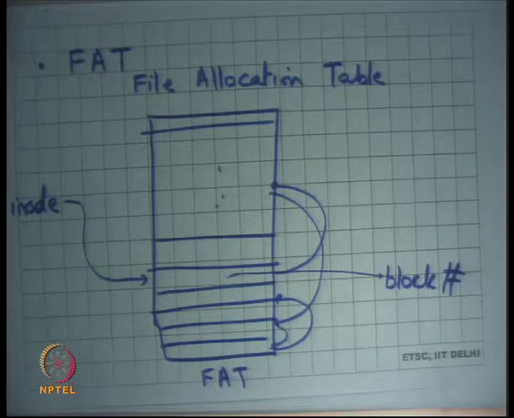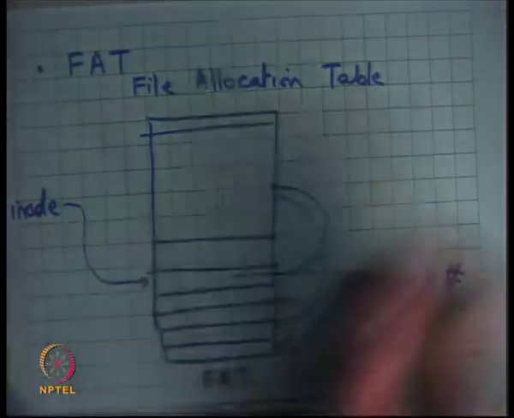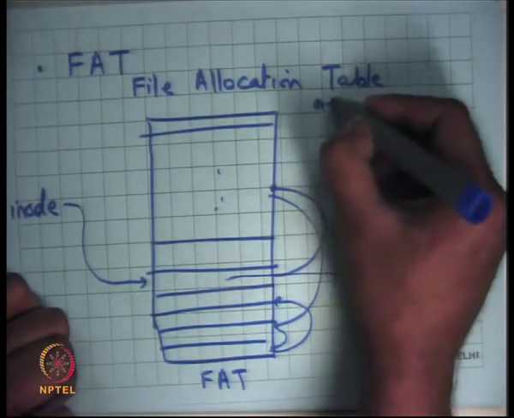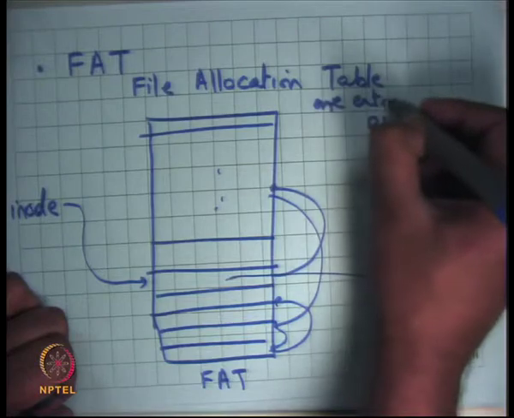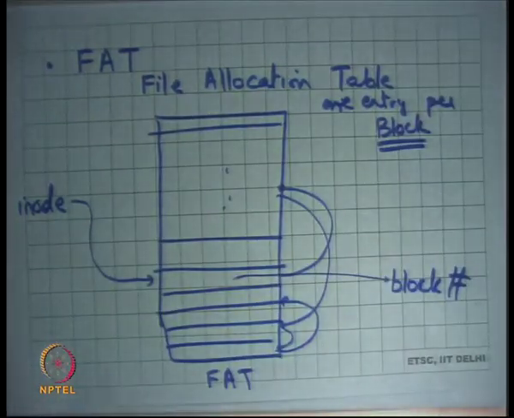Okay, so let's see how big this file needs to be. For every block we'll have one entry. So what does a block mean? A block could mean one sector or some small multiple of sectors, maybe 8 sectors or 16 sectors.